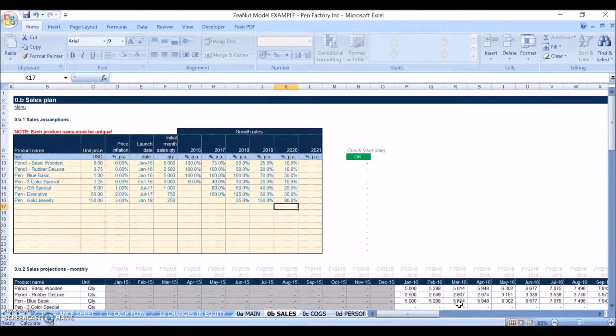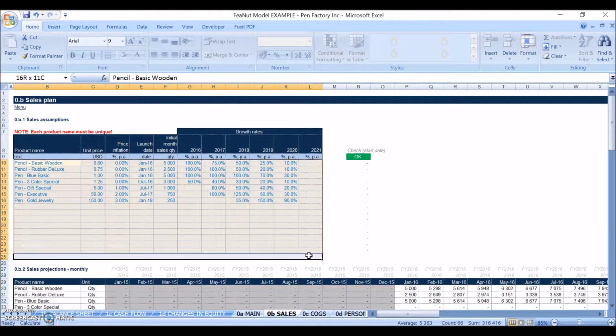Although you don't have to worry about them at all, everything is automated, so all you need to worry about is this yellow table, and that's the deal. So let's have a try, and whenever you are ready, let's watch the next video in which we will move on to cost of sales.